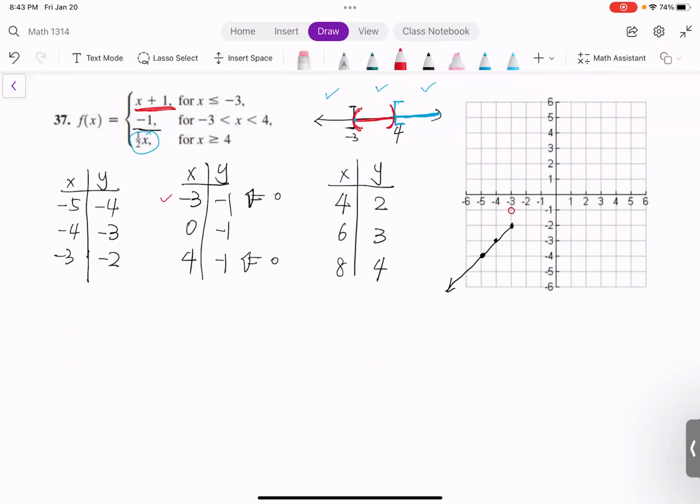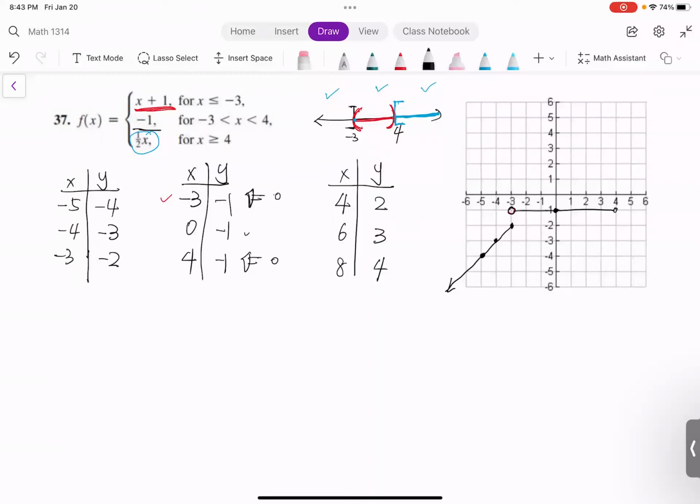And the next point, 0, -1. It's a solid point because it is the point we can choose. Next point is 4, -1, also an open circle. So line them up. This is a constant.